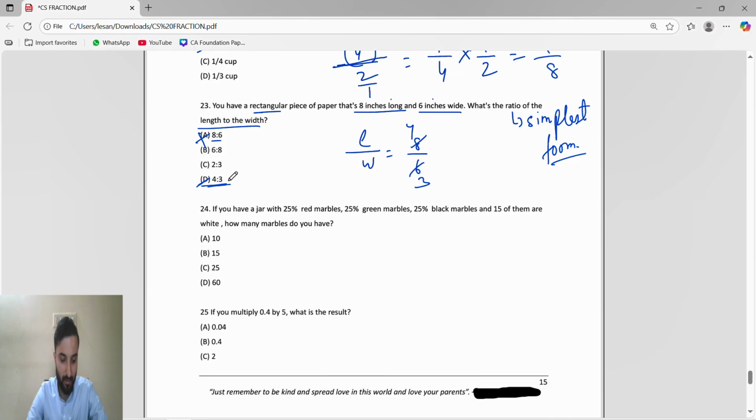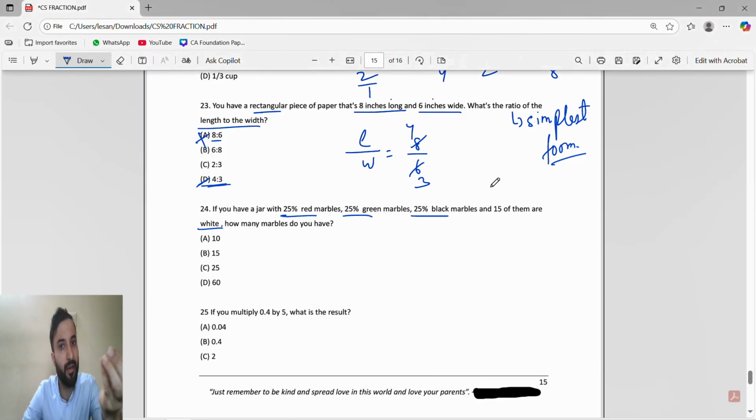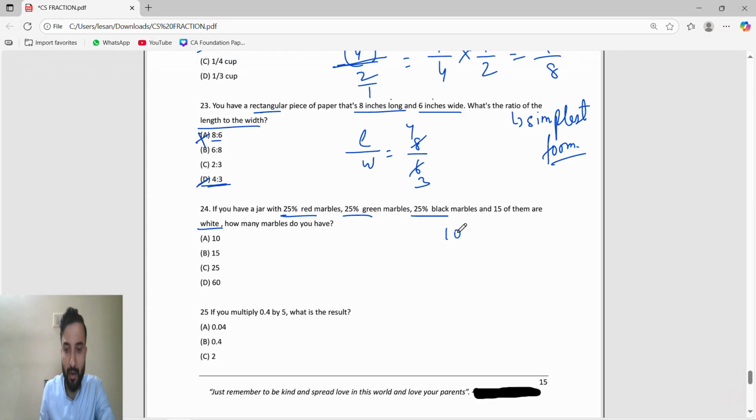Okay, now if you have a jar with 25% red marble, 25% green marble, 25% black marble, and 15 of them are white. Guys, we are talking about percentage. Percent means the total is 100. So in total 100, 25 is red, 25 is green, 25 is black.